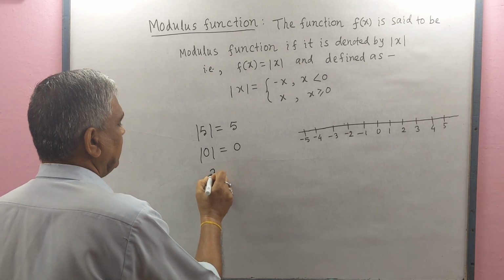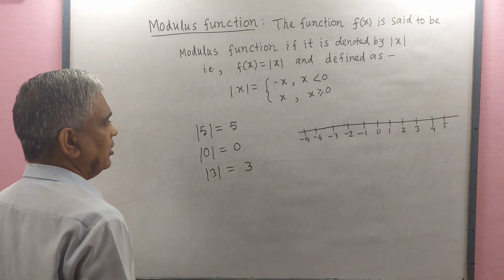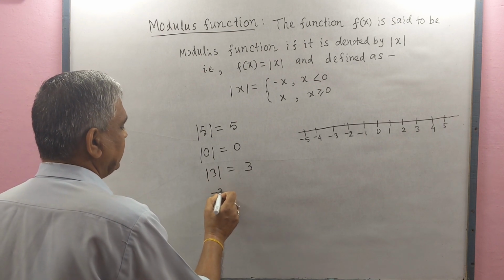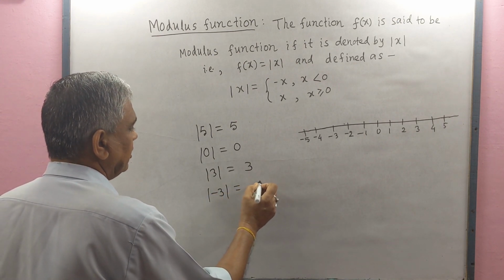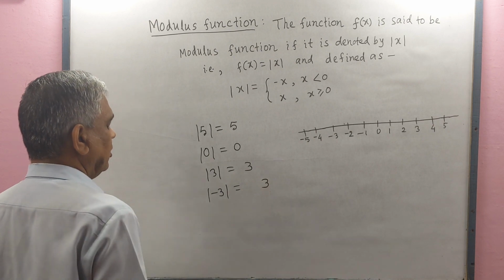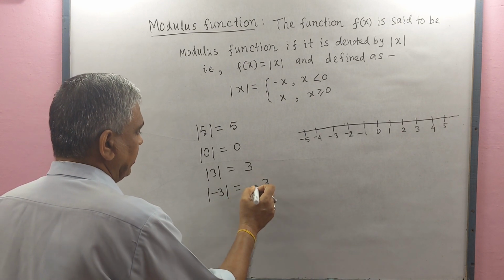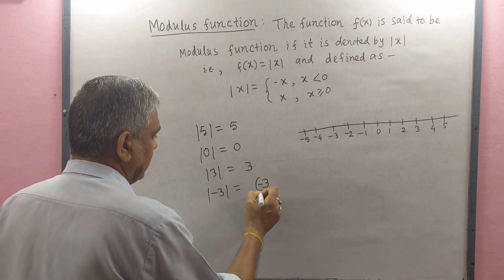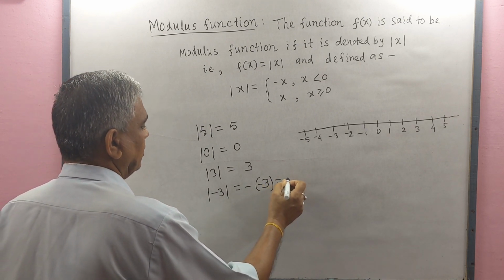Modulus of 3 is 3, positive. Modulus of minus 3 is also 3. So it will be as minus 3, that is 3.